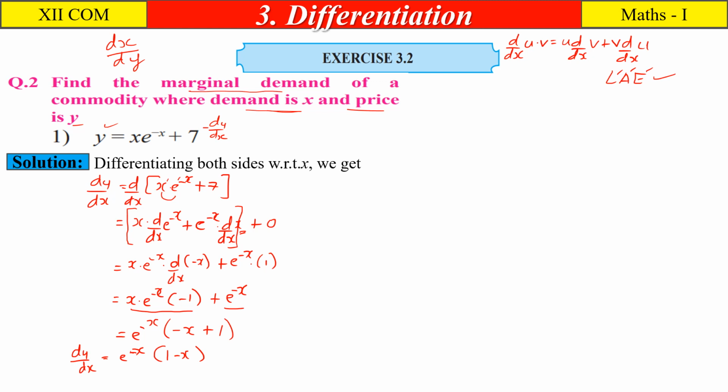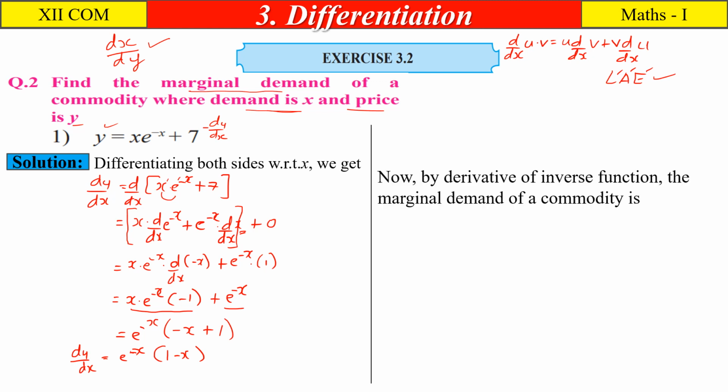But in the question we have already seen that we have to find dx upon dy, that means we have to use the inverse function. So now by the derivative of inverse function, the marginal demand of a commodity, dx upon dy, is equal to 1 upon dy by dx, right? Before that, one more statement we can add over here. See here students, here it is e raised to minus x, right? In the denominator we can shift it, as per our indices, right?